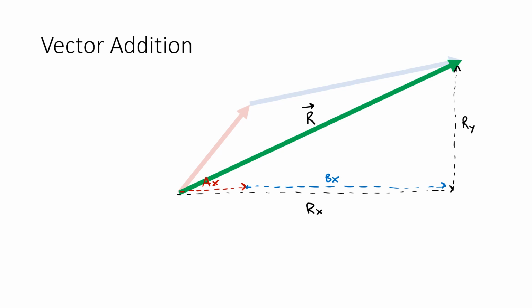And so that step I was saying, add the like vectors, is basically me showing you that R sub x is made of A sub x plus B sub x.